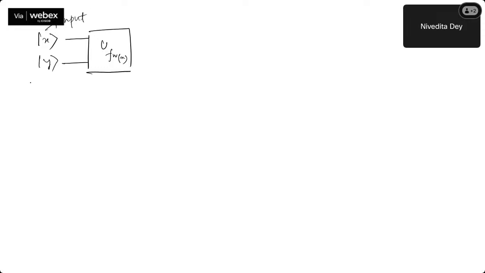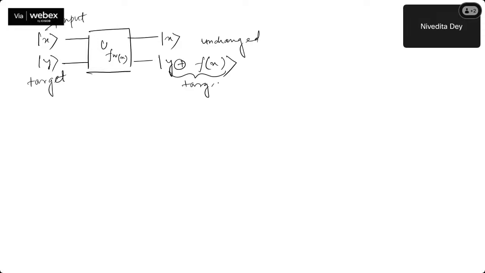Your y is the target register, which is also input, but input to the oracle, where you want to store your final output. This x will be unchanged, and this one will be y XOR f of x. Okay, so this is where your final target will look like. So target output, and this is target as input, and this is strictly the basic input state.